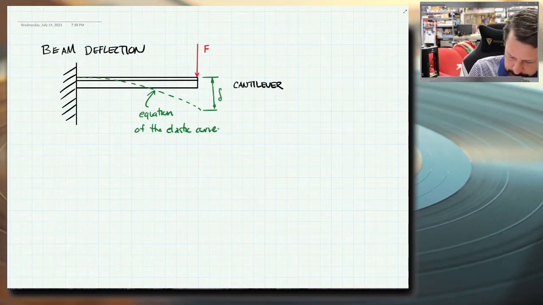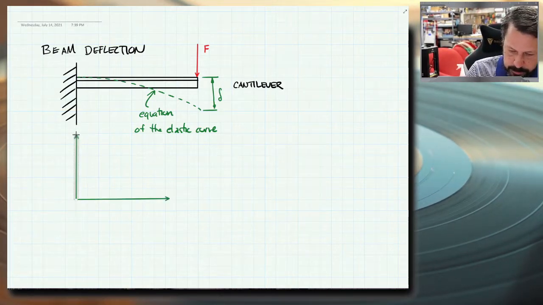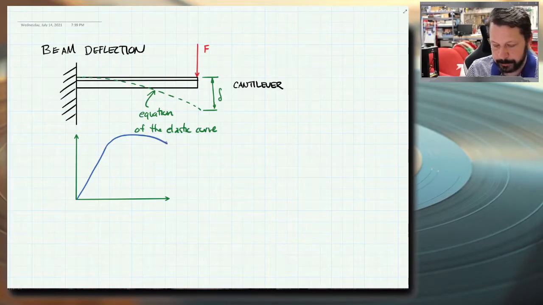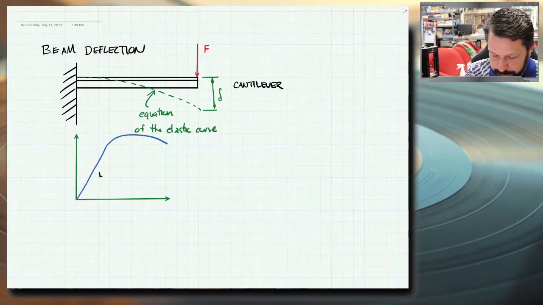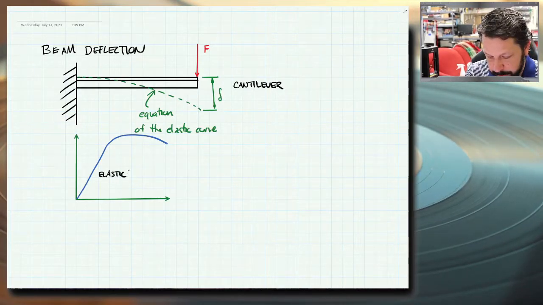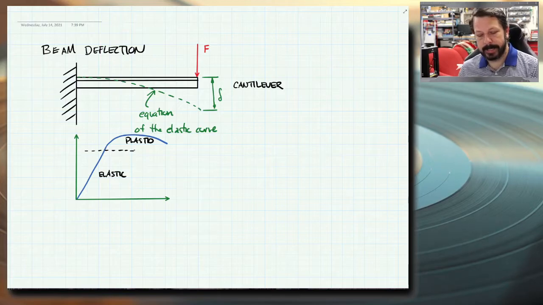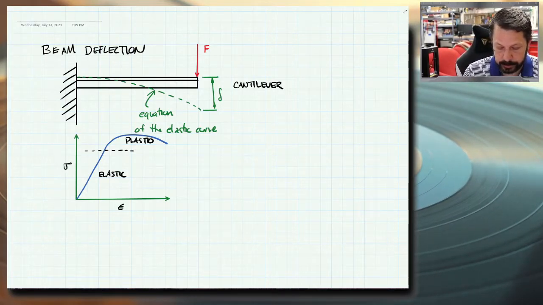Remember, let's just real quick draw our ductile stress strain plot. So remember, there's a straight linear region, that's the elastic region, and then there's a curved region where it's plastic deformation. So we have the elastic region down here and the plastic region up here, and they end wherever that elastic region is no longer linear. This is strain and stress.